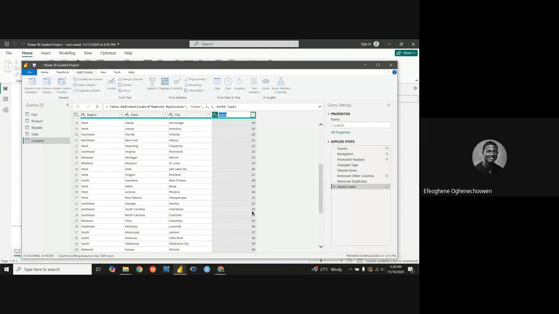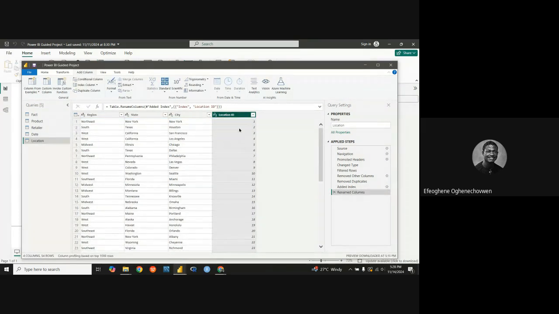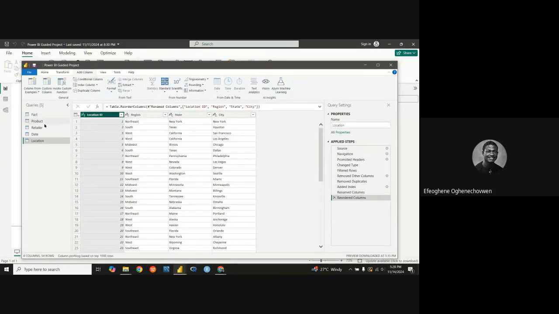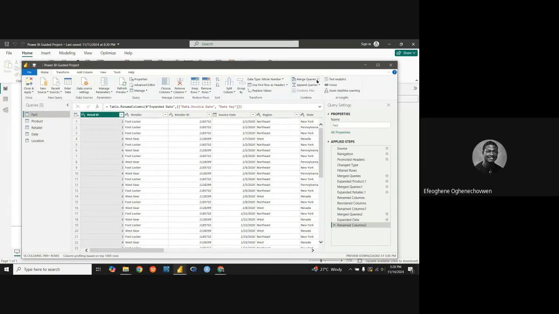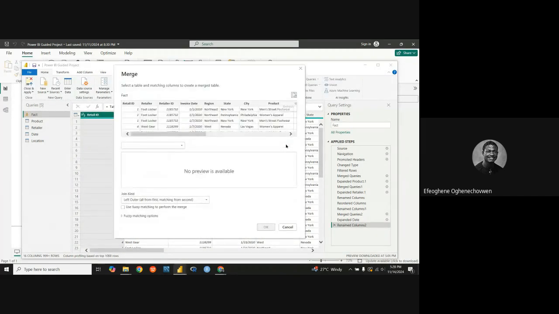Okay, location ID. Click on OK. All right, I reorder it. So I'm going to my fact table. Let me see how fast I can go. Merge queries.